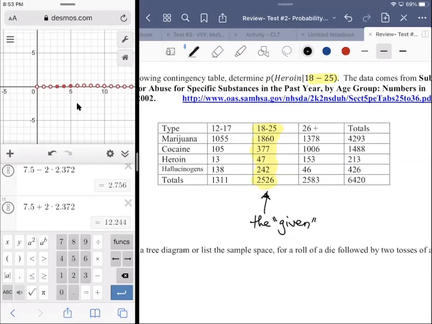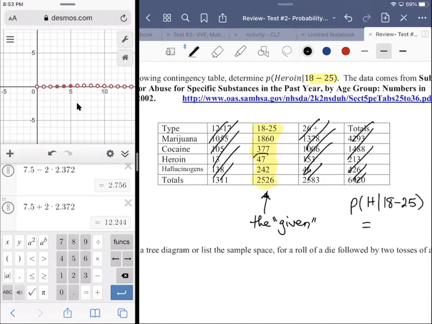So what I would do is basically pretend like no other aspect of this table exists. So I disregard this, disregard this, disregard this. I'm looking for how many of the individuals in this set are heroin users. In this case, we're looking at 47 folks.